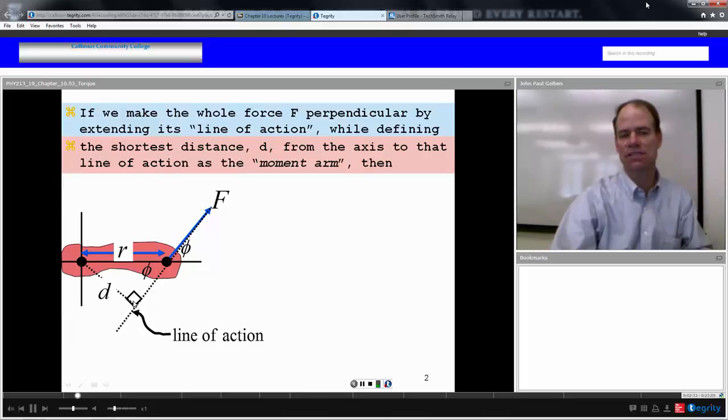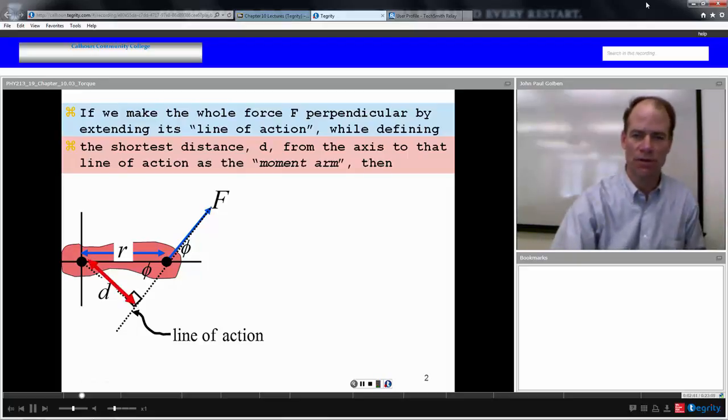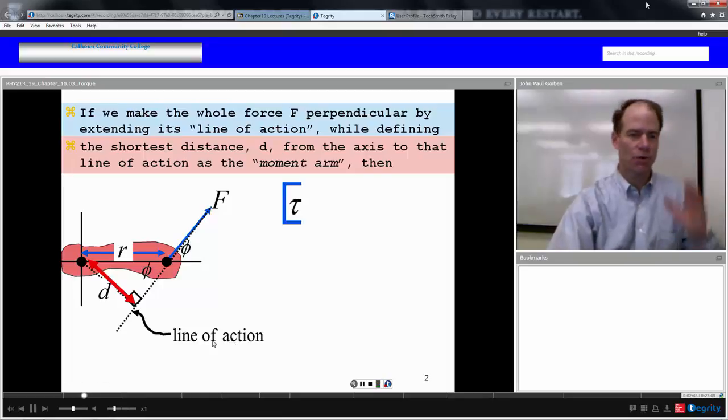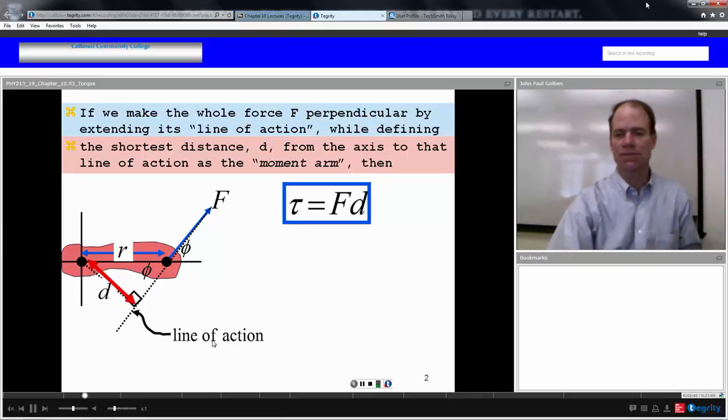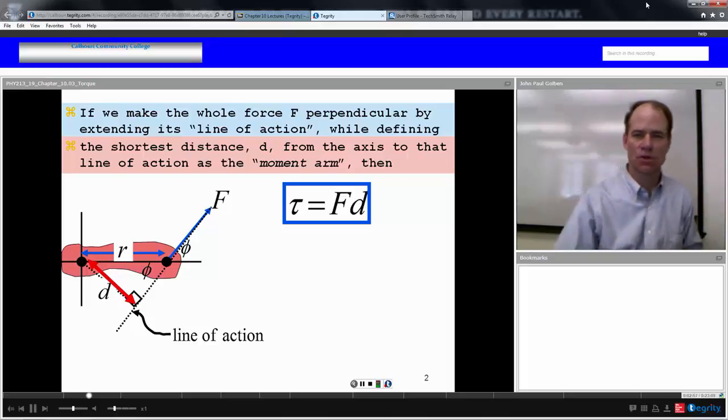So the shortest distance from the axis to the line of action of this force is going to be the perpendicular distance to that line, and that's why I call the moment arm d. The torque can be defined as the full force F times that shortest distance d. That is torque. Full force times the moment arm, the shortest distance to the line of action.